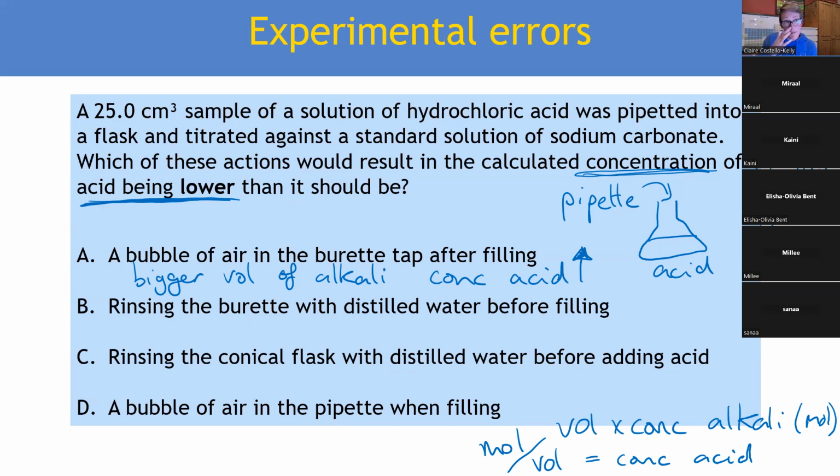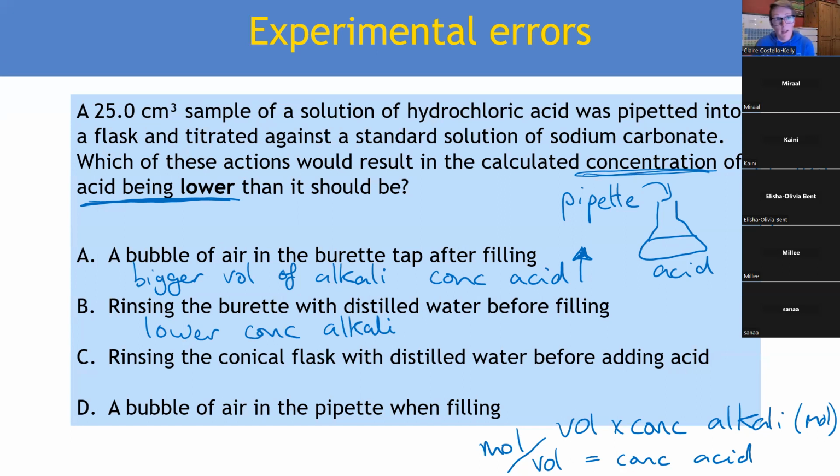If the water stays in the burette, then that means that I've made this really nice, perfect little solution of alkali that I've weighed out carefully and made in a volumetric flask. When I put it in the burette, some water is going to mix with it. It's going to lower the concentration of the alkali compared to what I think it is.